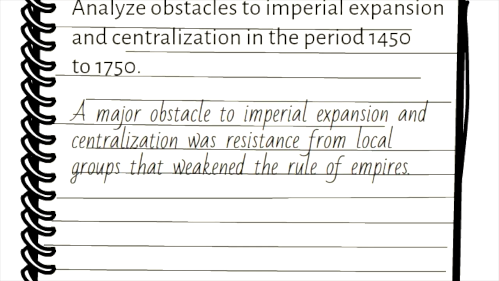See, you didn't just say there was rebellions or there was resistance. Remember, to get the point for a claim, it has to have a line of reasoning. So it's got to be more than just, here is the problem, one word. Notice again, it says the major obstacle to imperial expansion and centralization was resistance from local groups that weakened the rule of empires. That has a line of reasoning. Most of the words from this claim are found in that prompt, so you just use them to fire right back.